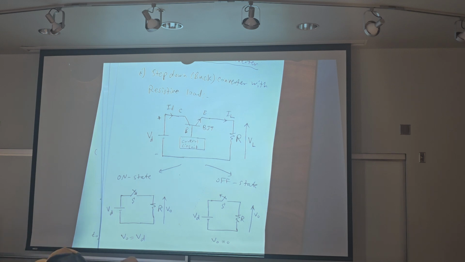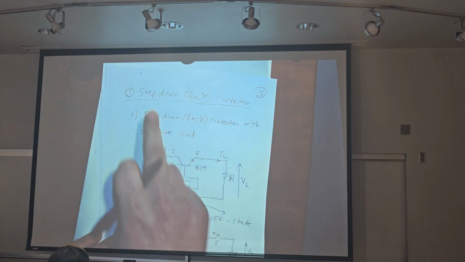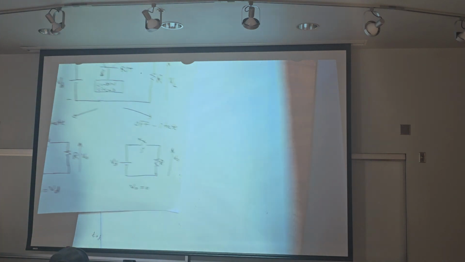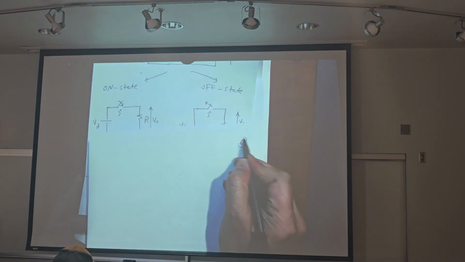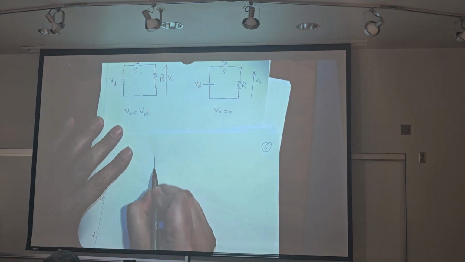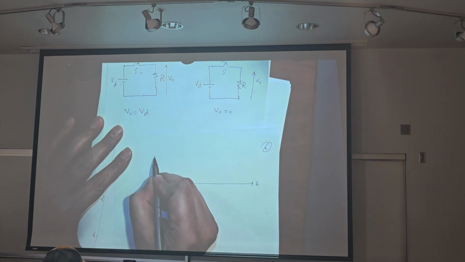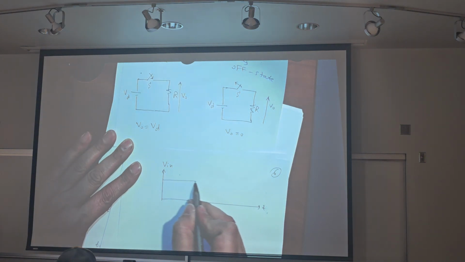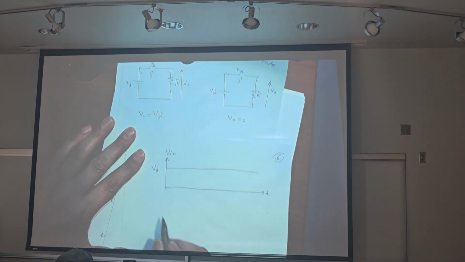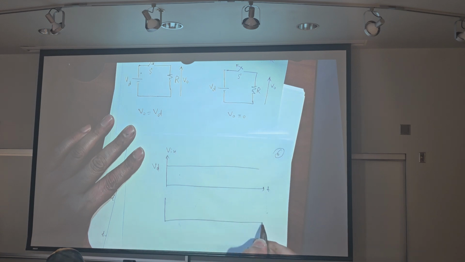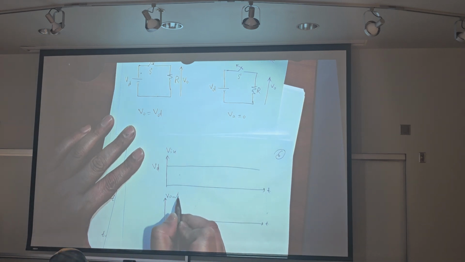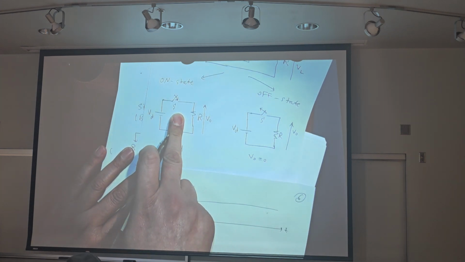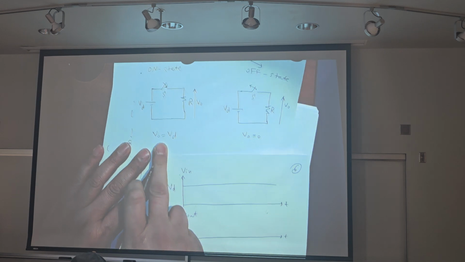Now, let me explain why this converter is called step down. See, V input is pure DC, V. For V output, when the thyristor or transistor or switch is on, V out equals VD.